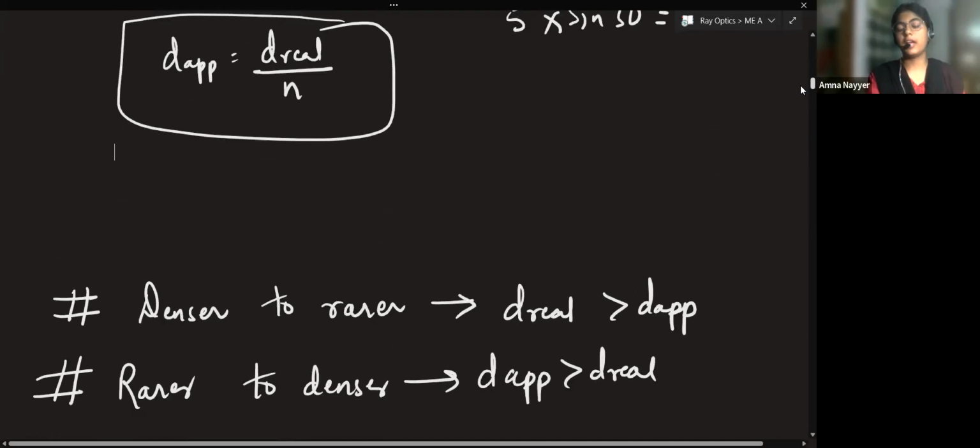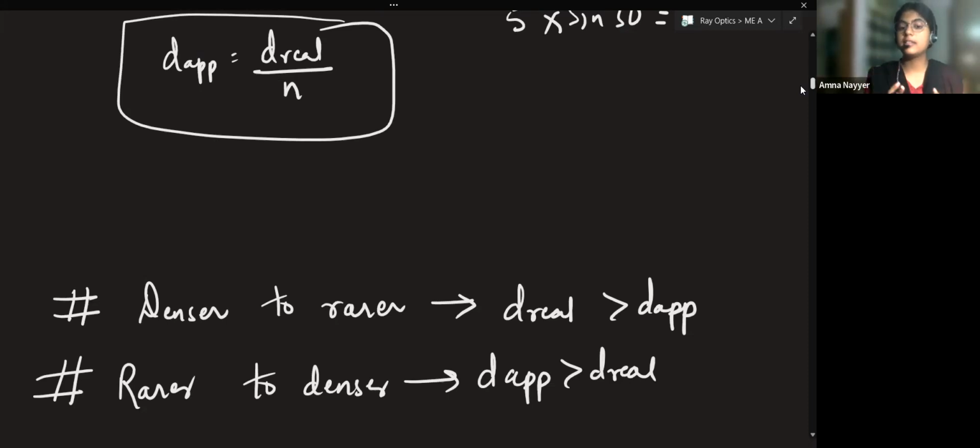And remember this fact, if the incident rays are falling from denser to rarer, your real depth will be greater. Like in this example, the light rays were falling from denser to rarer, from water to air. The coin was within water. Didn't you notice the real depth was greater and we could see the coin slightly above, meaning the apparent depth was small.